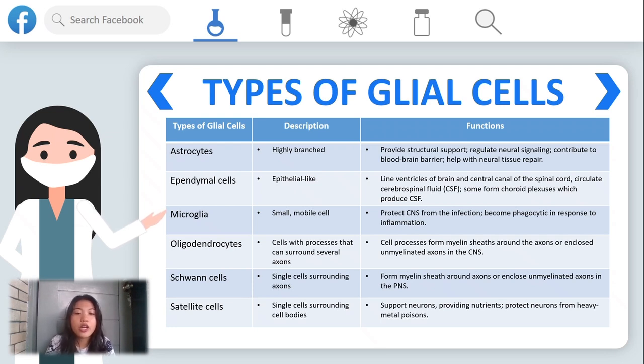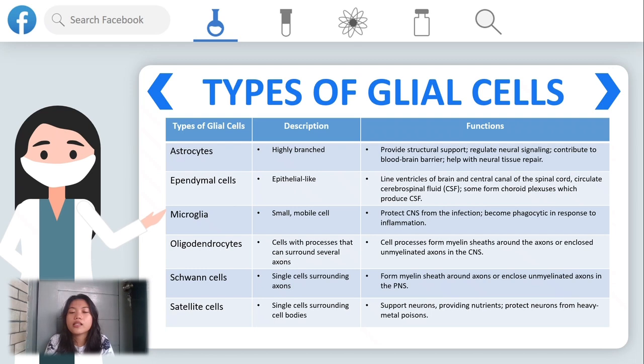Then the microglia, they are small mobile cells, protect the CNS from infection, and become phagocytic in response to inflammation also. And then the oligodendrocyte, cells with processes that can surround several axons.